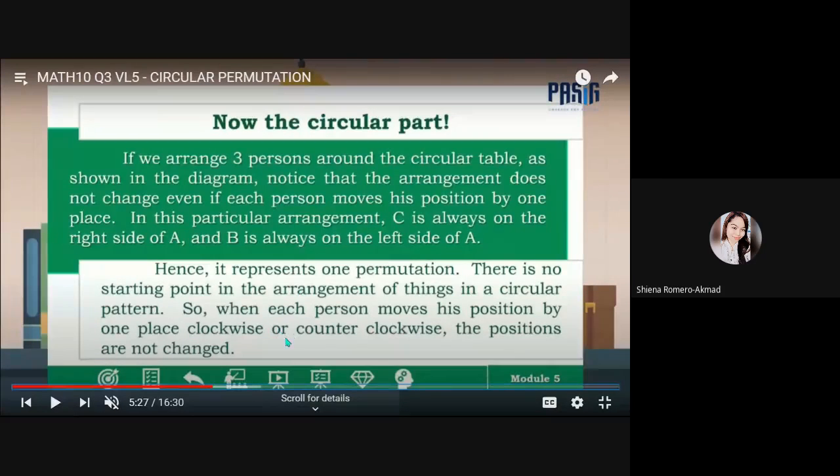Hindi tulad ng line, ang line, you have the starting point at meron kang end point. Sa circle, there is no start, there is no end. So we have to assign one person to be the starting point kung i-arrange natin sila sa circle, sa circular table.